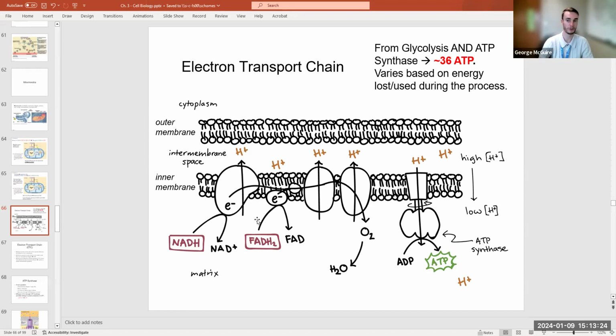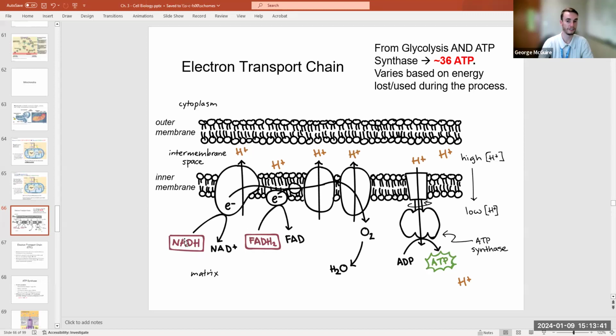But as far as what's important for energy, every time the electron moves from one protein to the next, a proton, this H plus, this hydrogen cation, is going to move from the matrix into this intermembrane space.